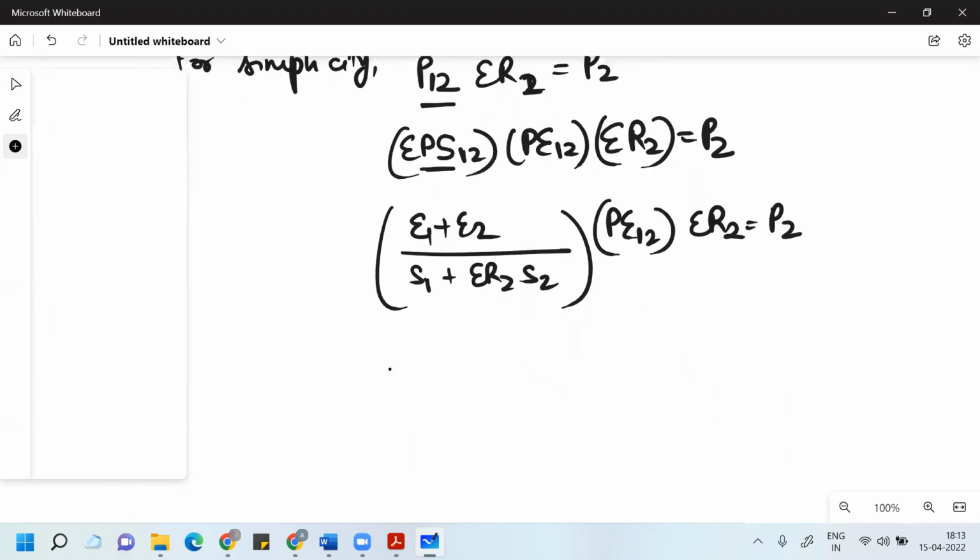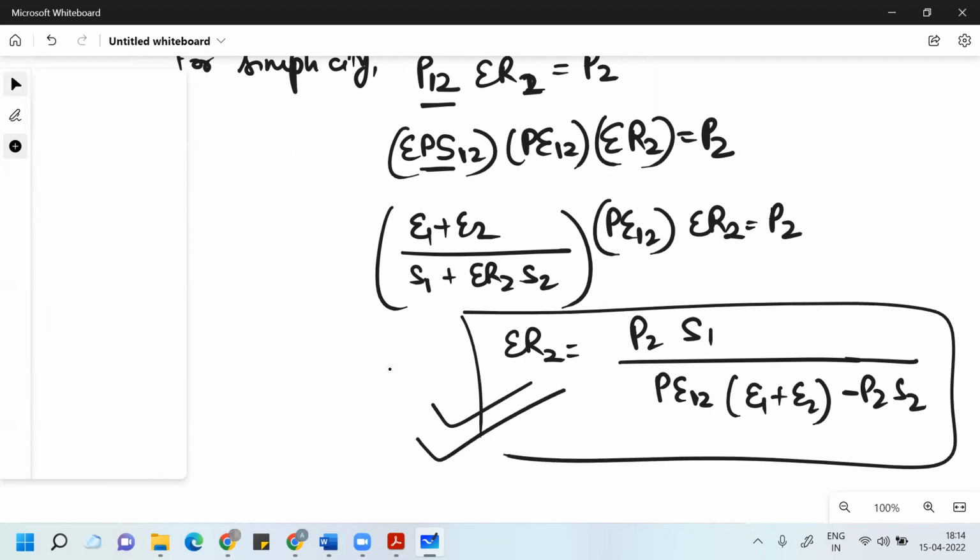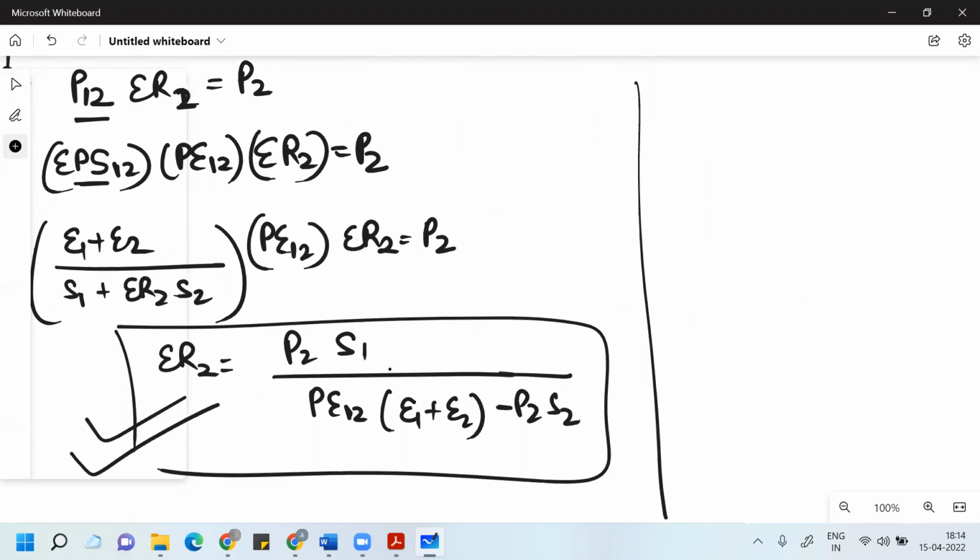So with this, I can find the value of the minimum exchange ratio, that would be P2 S1 divided by PE ratio of the combined firm into E1 plus E2 minus P2 into S2. So this is the formula, guys, of the minimum exchange ratio. I hope you understood this.